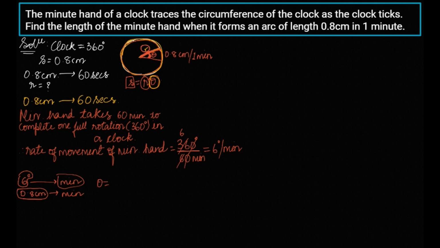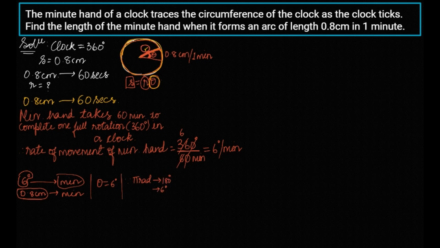In terms of radians, we know that pi radians is equal to 180 degrees. So how much is 6 degrees in radians?